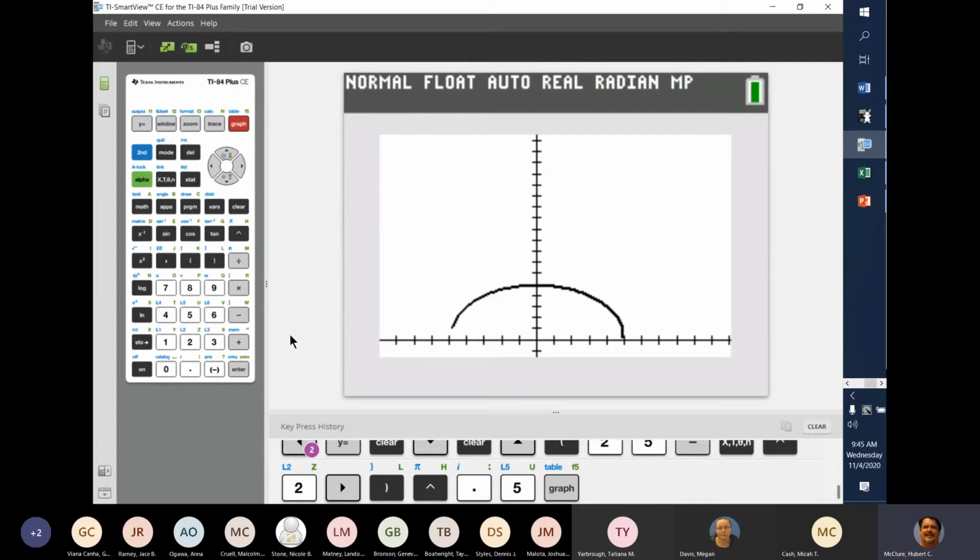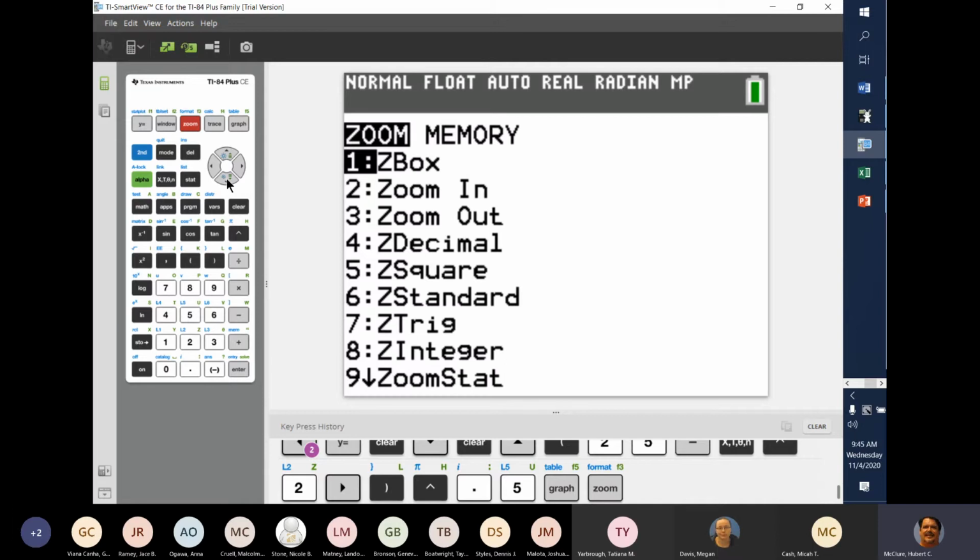And that's what it looks like. And that should have a radius of 5. I'm going to blow it up a little bit. Zoom in.